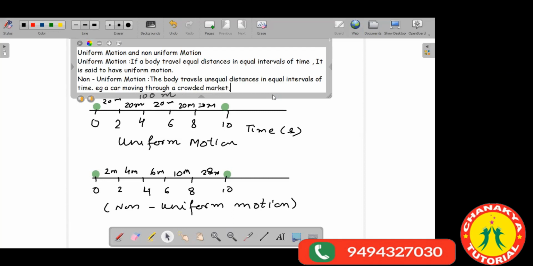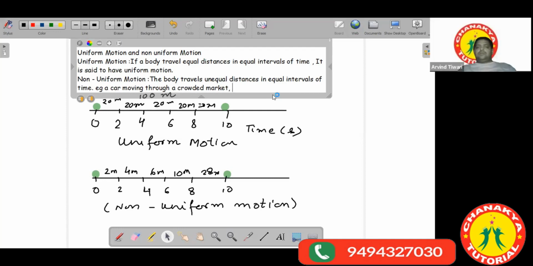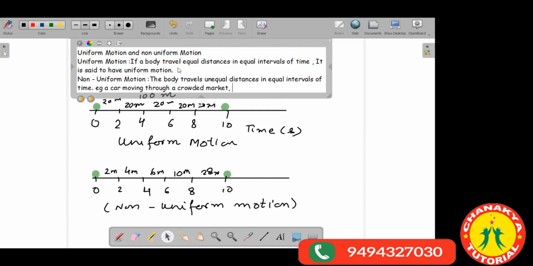Sir, non-uniform motion. Non-uniform. Then what about a ball being dropped from a certain height?